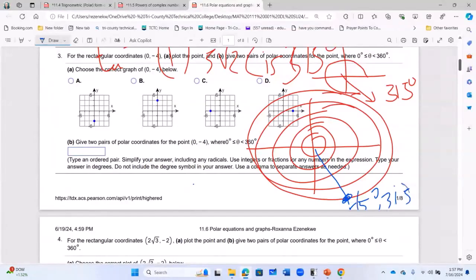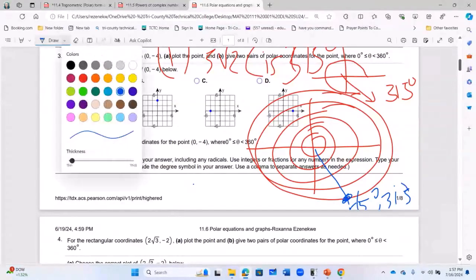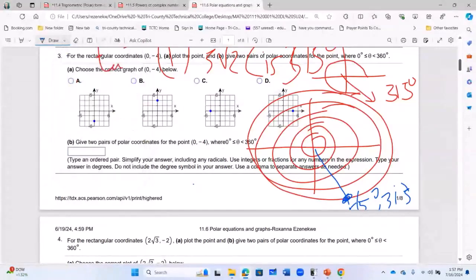Well, guess what? In polar coordinates, when you have an angle, another one can also be an answer. I can just find another one opposite. See, 180 degrees opposite. So if I add 180 degrees to this one, or you can subtract, if I subtract 180 degrees, that angle here is going to be the same as -5.